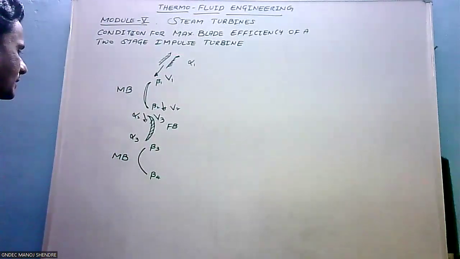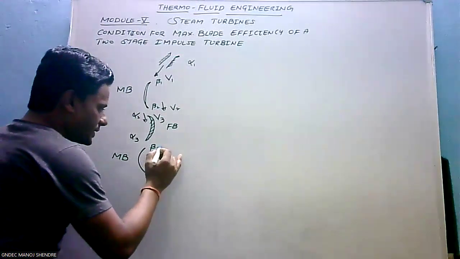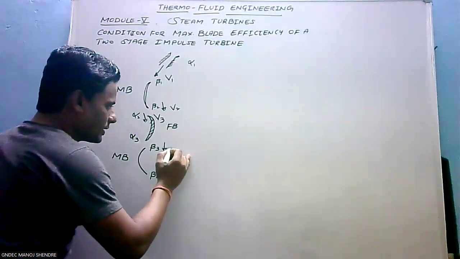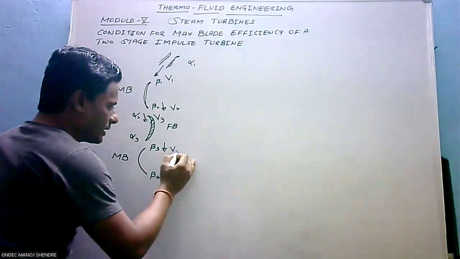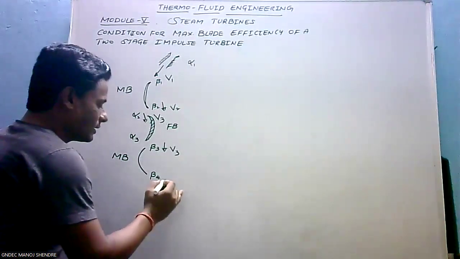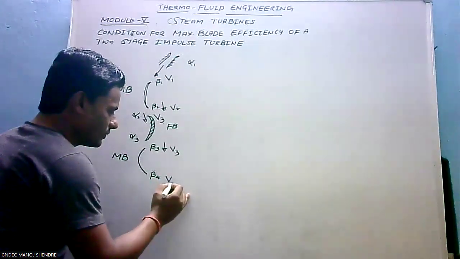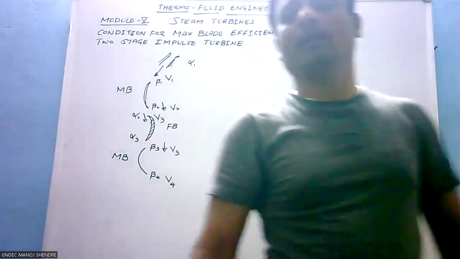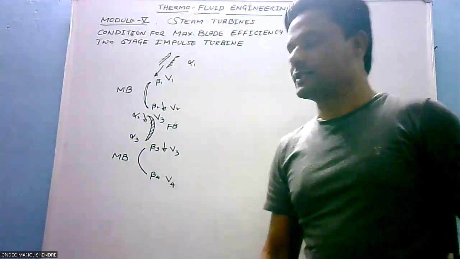This is V3. With the same velocity, it enters into the last set of moving blades. That will be V3. And here we'll take V4, the velocity of steam which is coming out from the last set of moving blades.